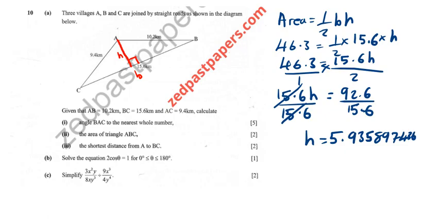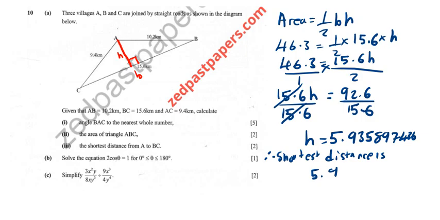5.935897436, like that. So you say, therefore, the shortest distance is 5.9.